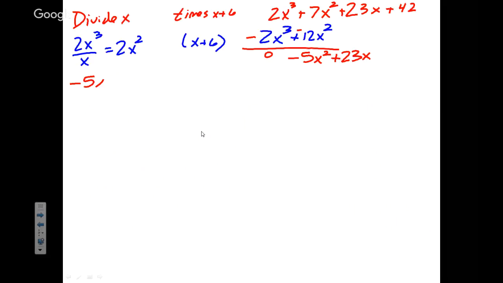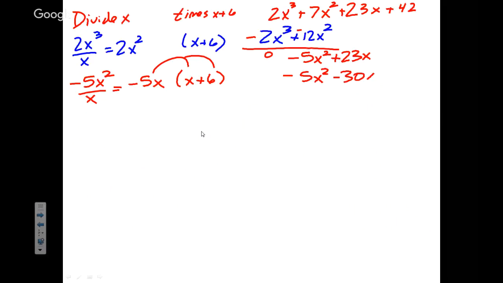Negative 5x squared divided by x gives me negative 5x. Times that by x plus 6 gives me negative 5x squared minus 30x. Switch signs. Gives me 0 and 53.